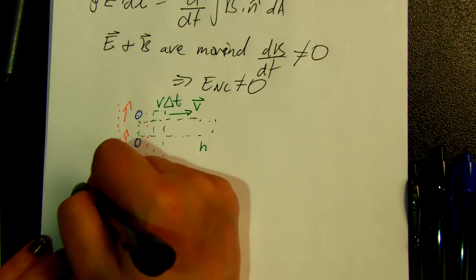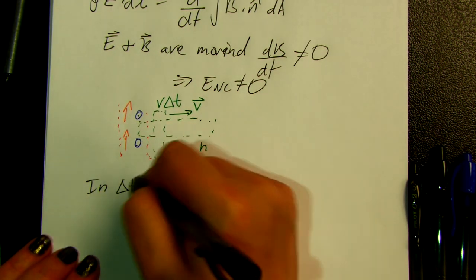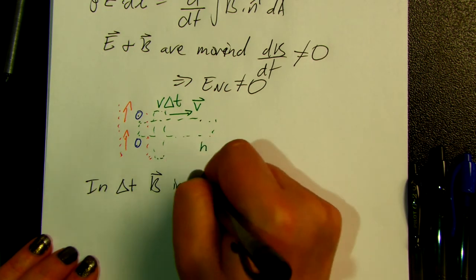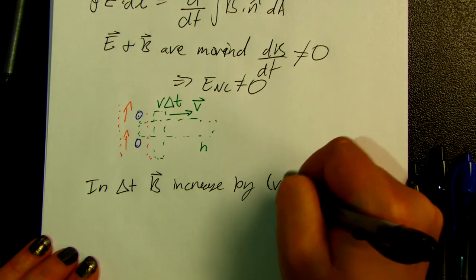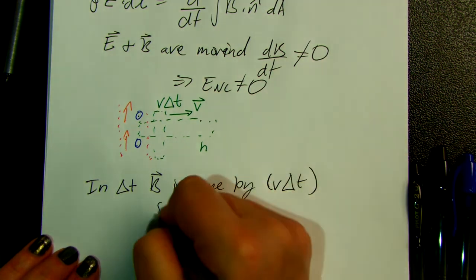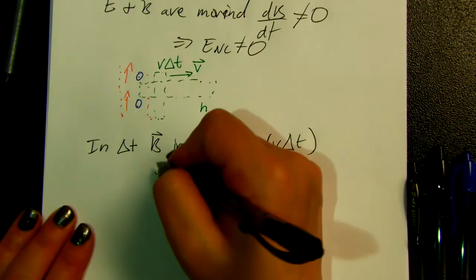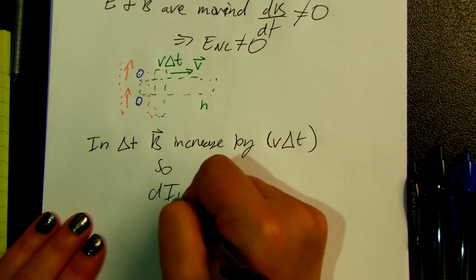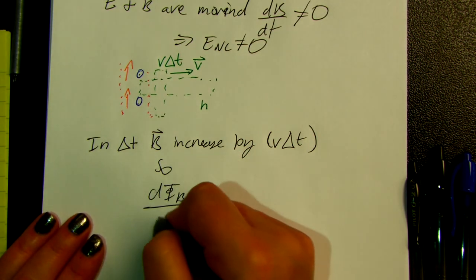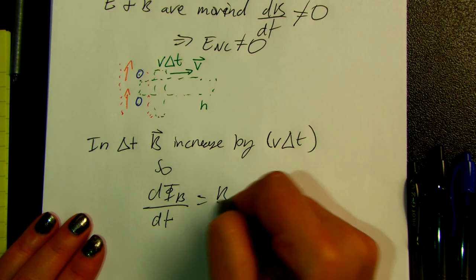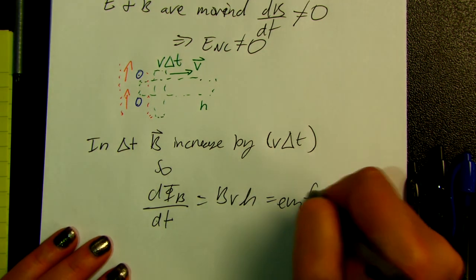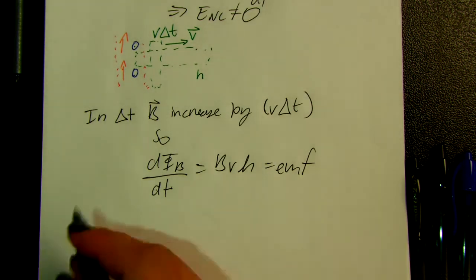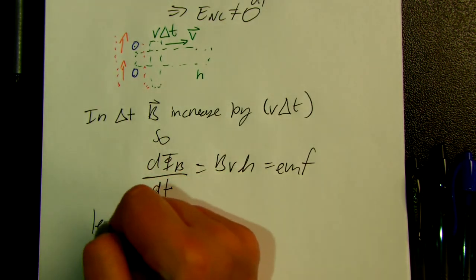All right, so in delta t, the area increases by V delta t. So we get the change of magnetic flux with respect to time is equal to BVH. Oh my goodness, we've seen this before, which is equal to EMF. We then relate this to the electric field.